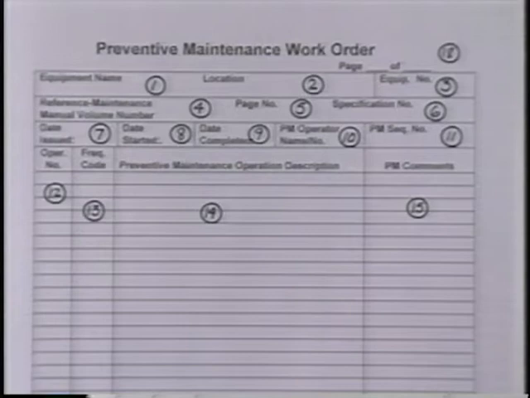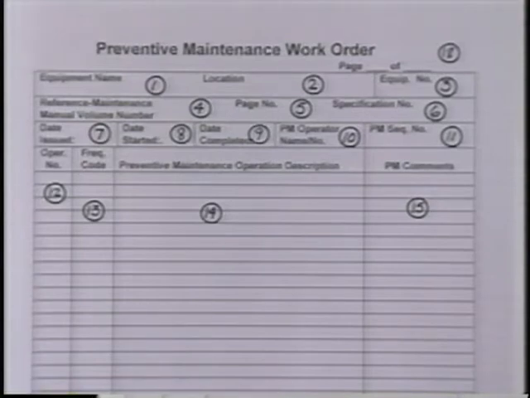Now, the second line represents where the data for this PM activity was originated from. And in this case, this company was rather fortunate. They did retain all of the OEM equipment manuals which developed all of their PM and major and minor overhauls.